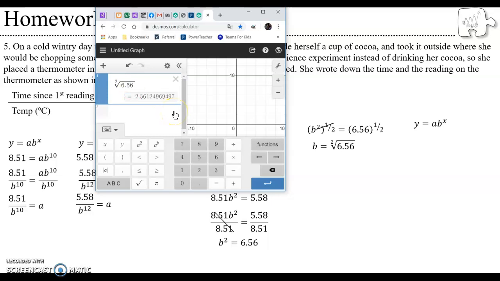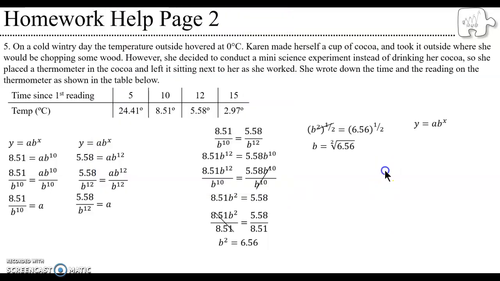So the square root of 0.656 is... 0.51? 0.81? How does it get that? So we got 0.81.